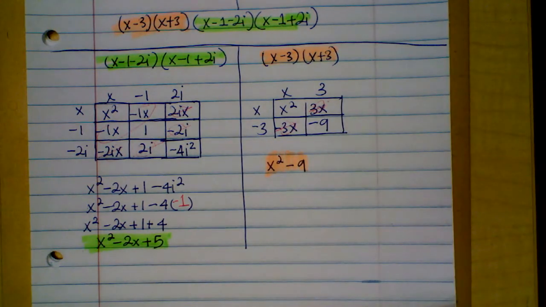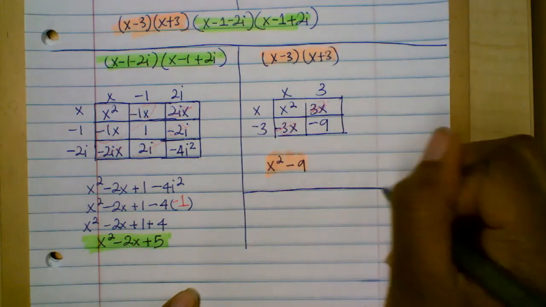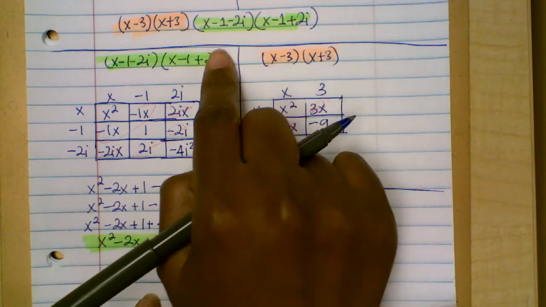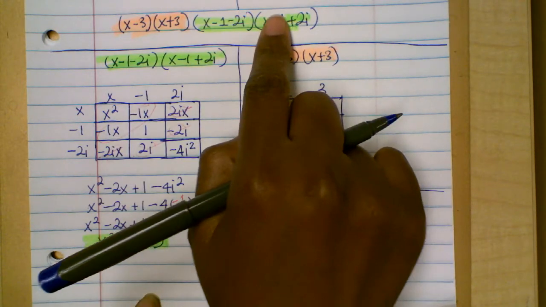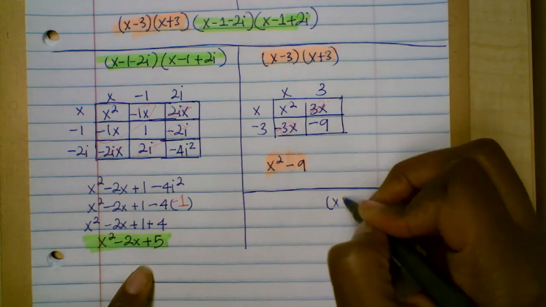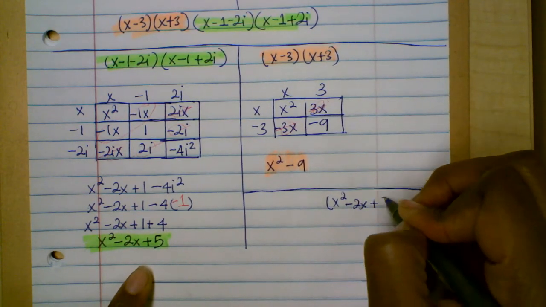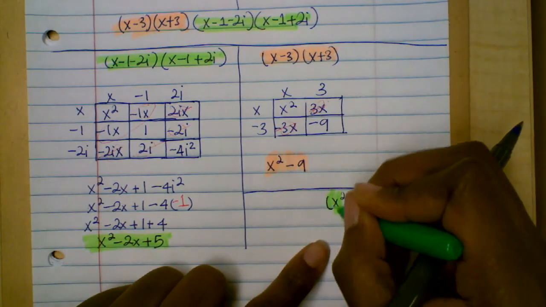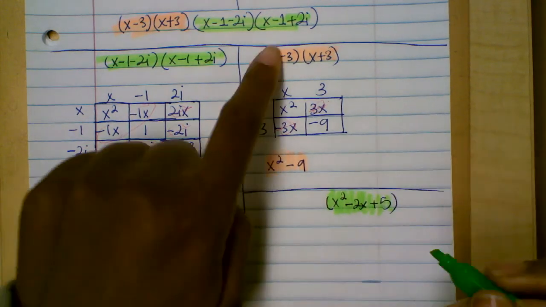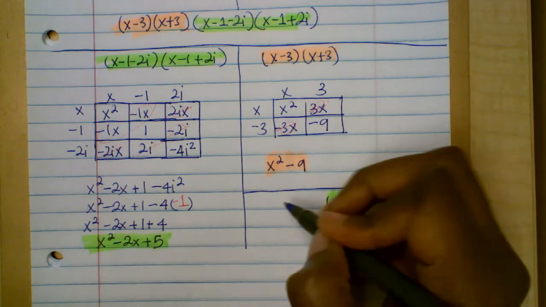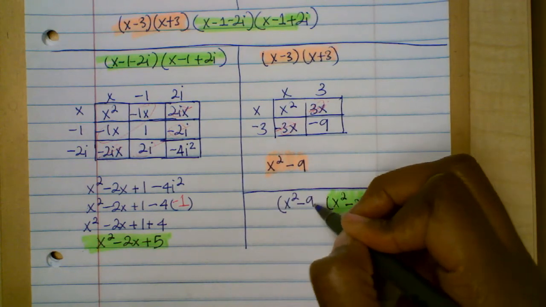Okay, so what would you do next? So remember, what happened is we multiplied the 3 factors with the imaginary i, the complex root factors, and you end up with x squared minus 2x plus 5. Now, we factor also the real factors, like x minus 3 times x plus 3, and you end up with what factor? With x squared minus 9.